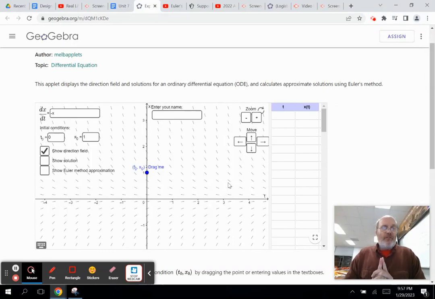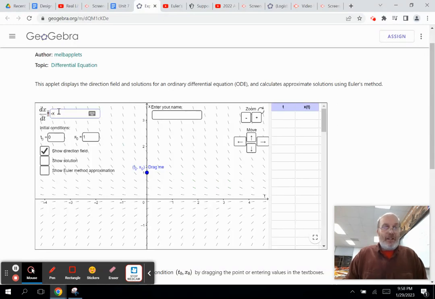If x of t equals t, I'm going to plug in that differential equation, dx/dt equals 1. I know that the graph x of t should be the line y equals x plus some arbitrary constant.